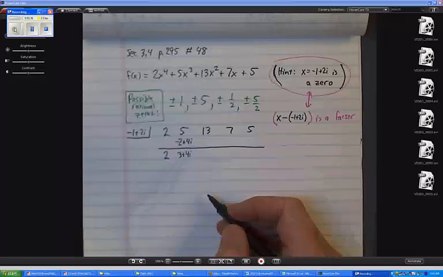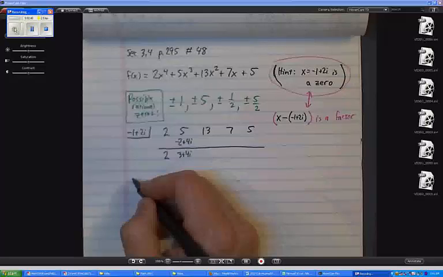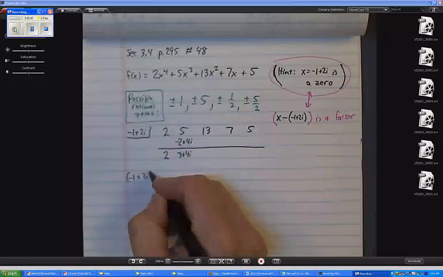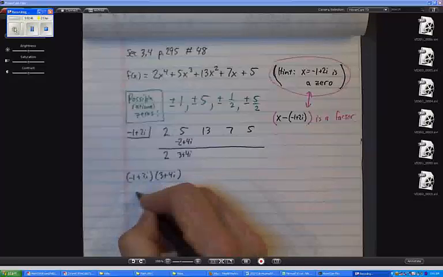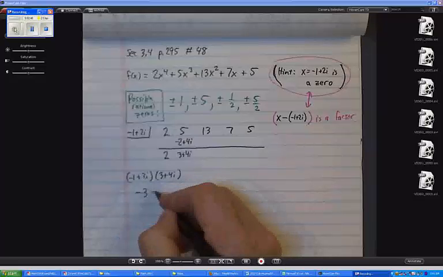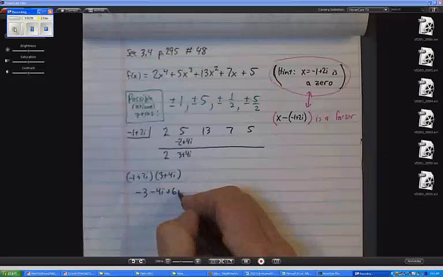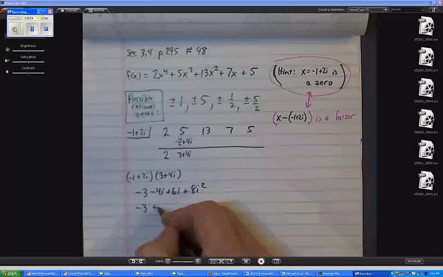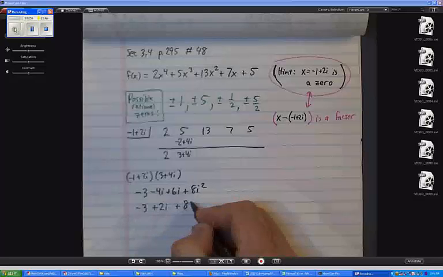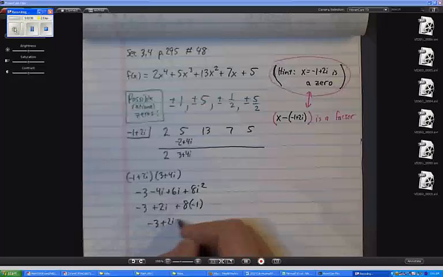Okay. And now I multiply, oh boy, -1 plus 2i times 3 plus 4i: -3 minus 4i plus 6i plus 8i squared. That's -3 plus 2i plus 8 times -1. That's -3 plus 2i minus 8.